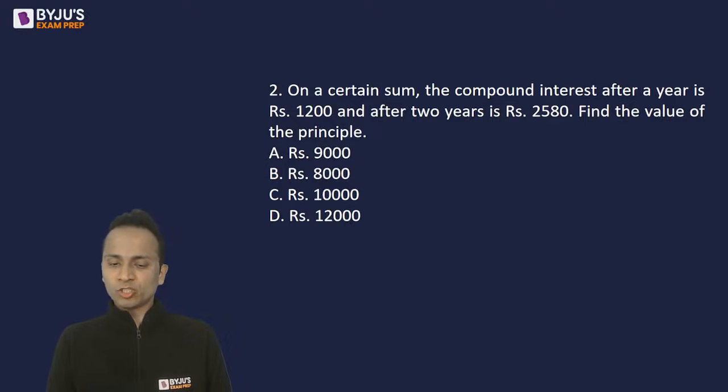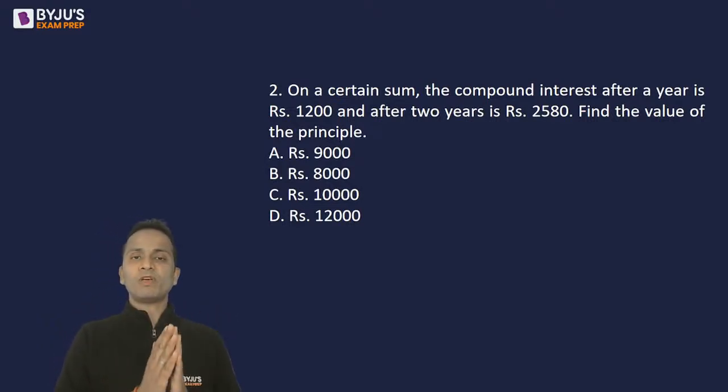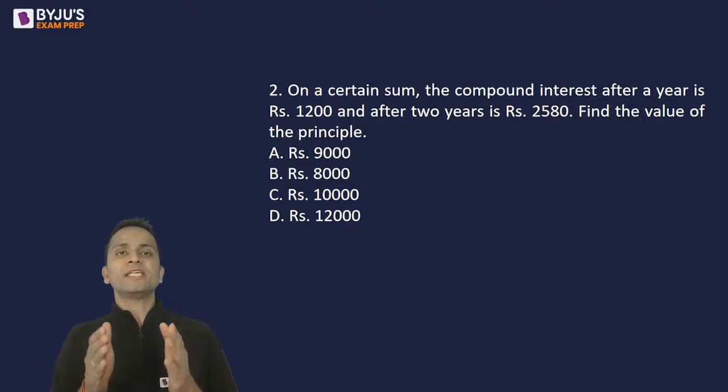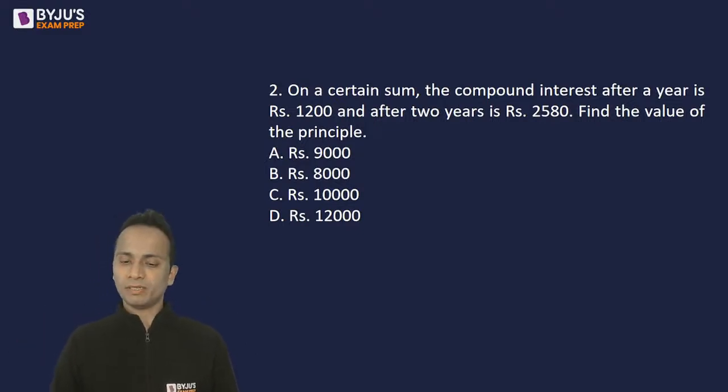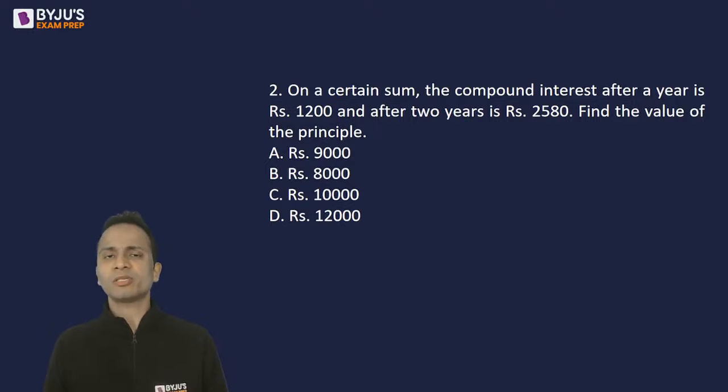Our next question is based on compound interest. It says on a certain sum, the compound interest after 1 year is 1200 and after 2 years it is 2580. So for the first year it is 1200, for the first 2 years it is 2580. We'll have to find the value of the principal. A very common question that is asked on simple interest, compound interest.